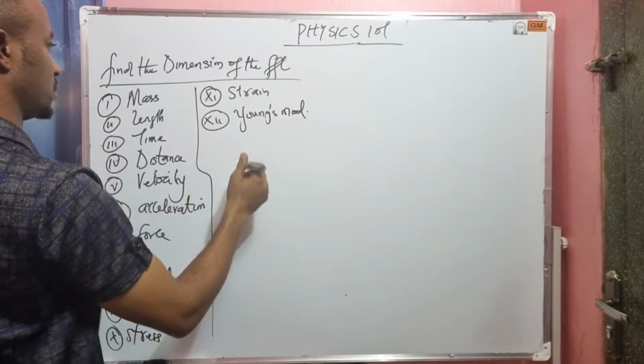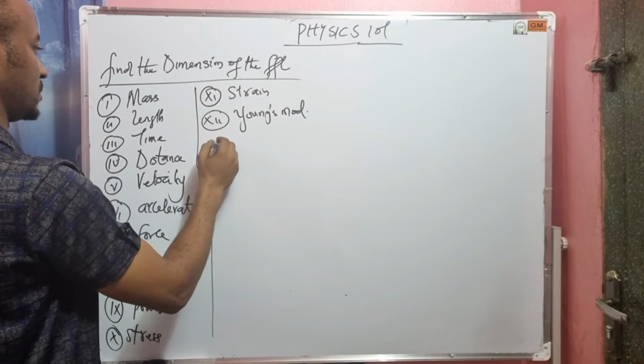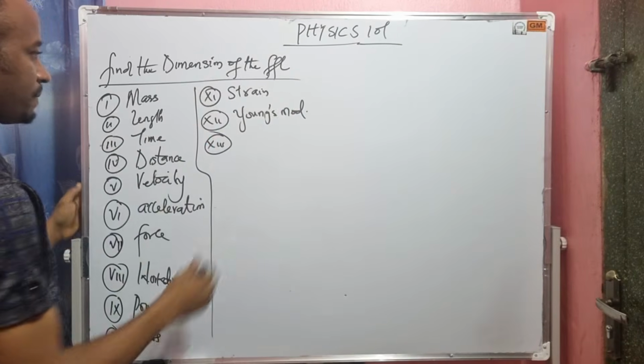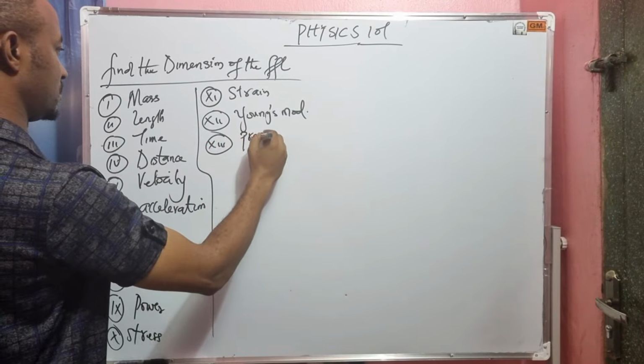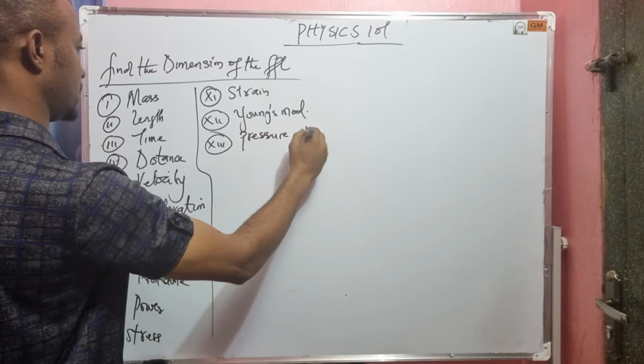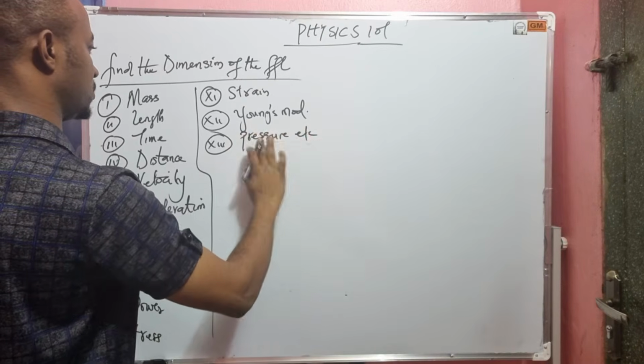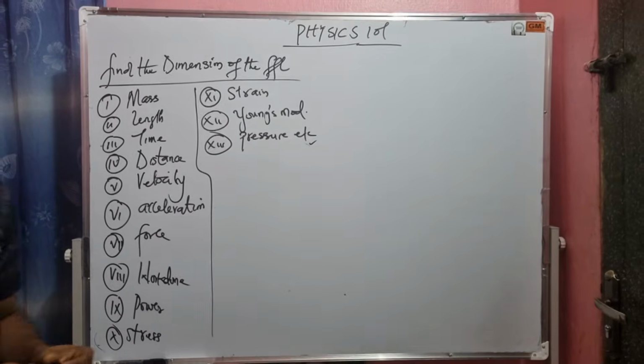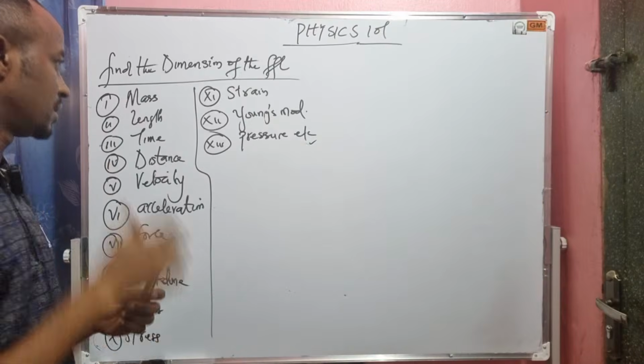Number 11, look at strain. Number 12, Young's modulus. Number 13, pressure, etc. All of this we'll look at today. Then after we are done with this basic, we'll go into complex examples, right?